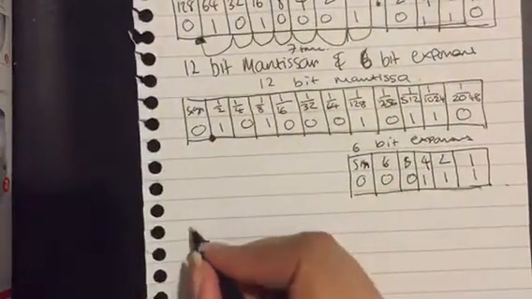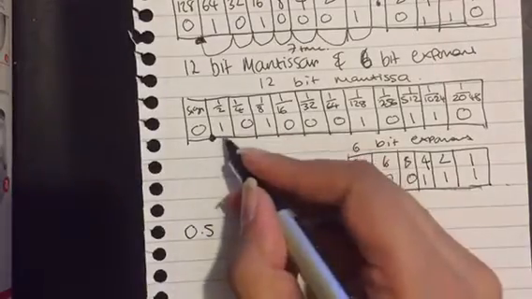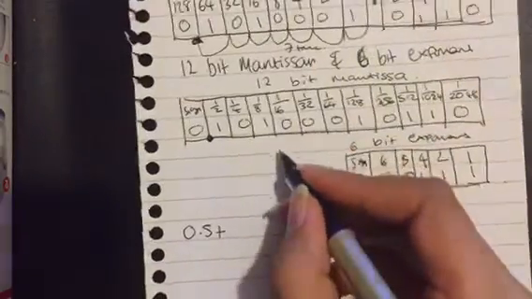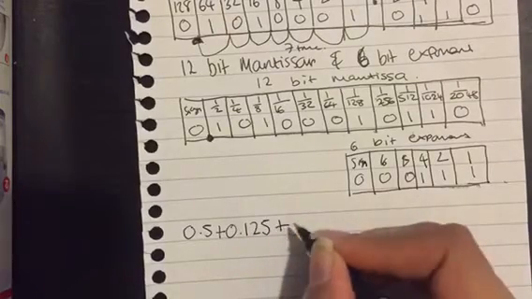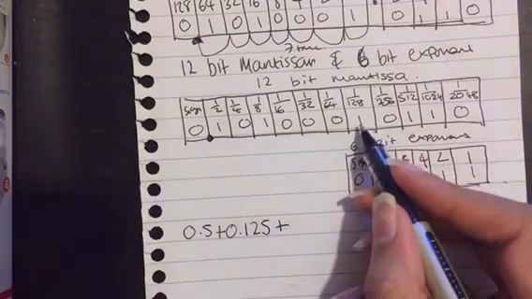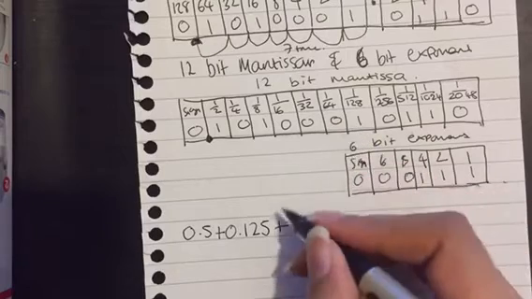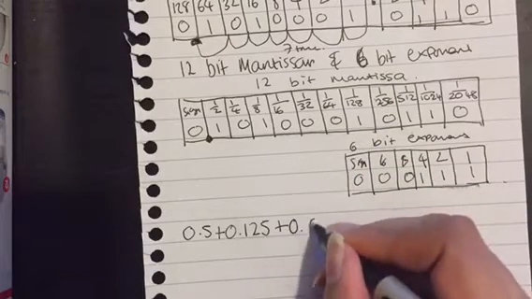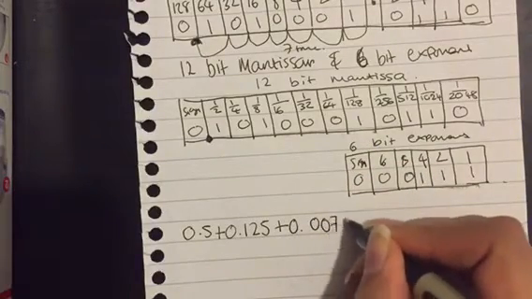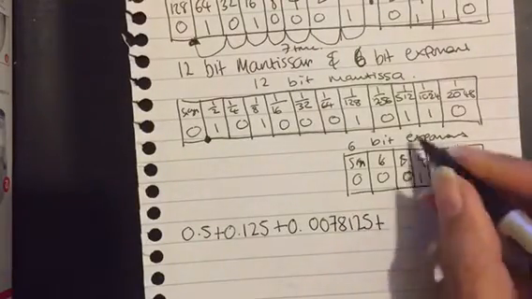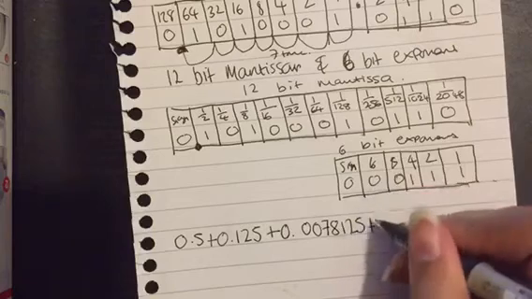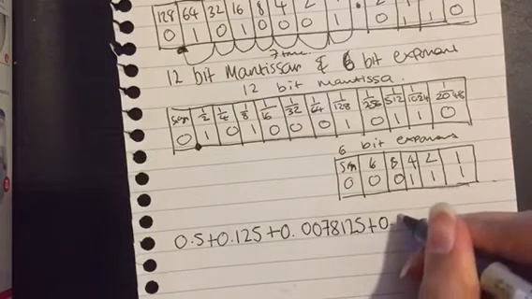Now, here's our lovely numbers. So we've got a half, which is 0.5. That's our 0.5. Then we've got an eighth, which is 0.125. Then we've got our 1/128th, which is 0.0078125. And we've got our 1/512. I promise you, I'm pretty sure the number is a lot smaller than this.